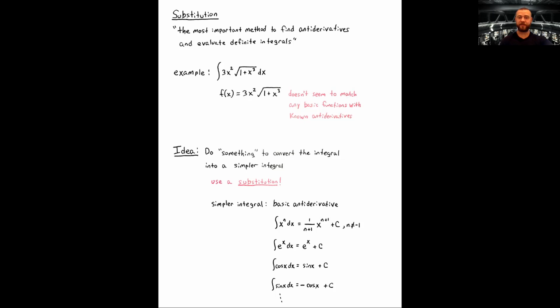We have an antiderivative for e to the x, and then the antiderivatives of cosine of x and sine of x. And these are all basic functions with simple antiderivatives. That's what we mean in the basic idea here by a simpler integral. If we choose the correct substitution, we ideally get one of these simpler integrals here, one of these basic functions and their antiderivatives. That'll make more sense once we get to some examples.